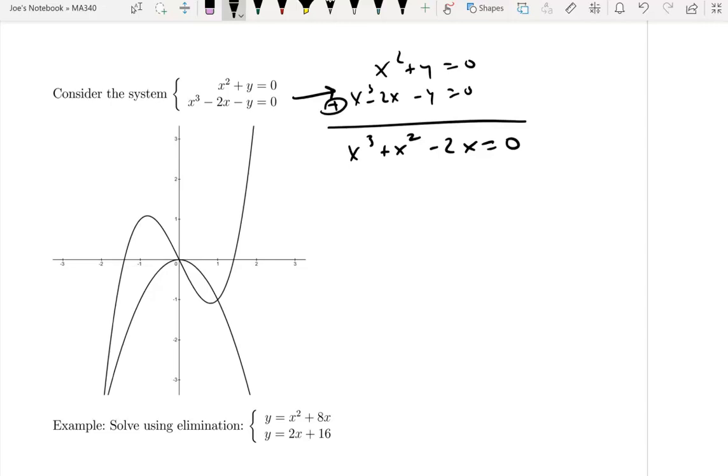Again, our main method for solving equations that aren't just linear is to factor, right? If it's a quadratic or this one's a cubic equation that has an x cubed in it. Our main method is to factor. What can you factor out first? X, good. That leaves you with x squared plus x minus 2. How does that factor?